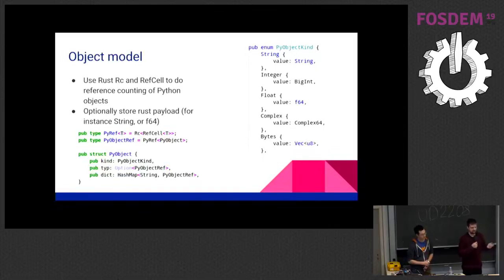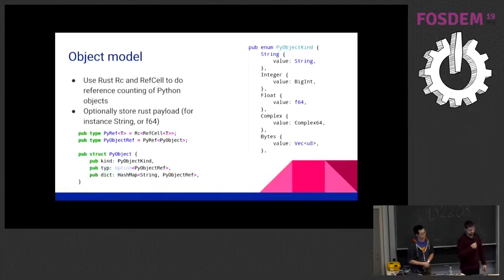So in this way we use the RC type in Rust to do the reference counting for us. And a PyObject, we define it as a struct with a type, which is actually a PyObjectRef again, because the type is also a Python object.